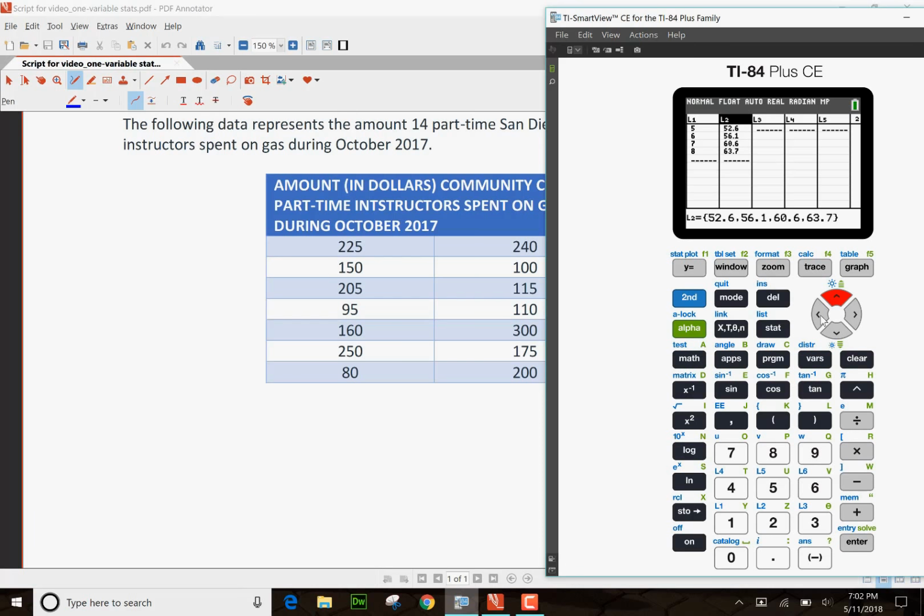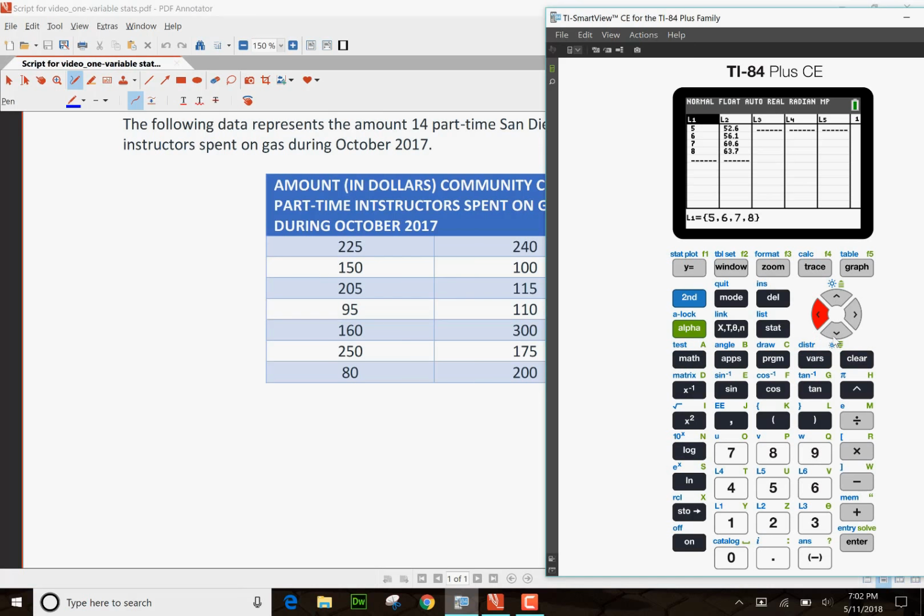So one thing you can do is you could go on to L3, meaning list 3, and so forth. But the problem is the default will always go to L1, or L1 and L2 if you're in two variables. So it's nice to be working with those two lists.